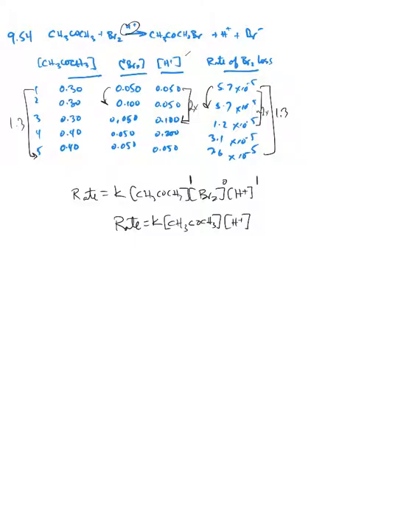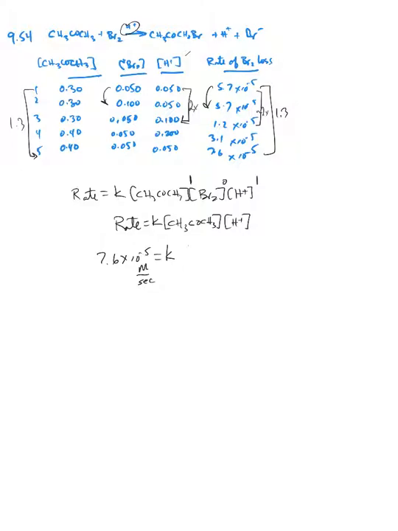Often they ask us to find the rate constant, and it doesn't matter what experiment you choose. If I pick, let's say, experiment 5, 7.6 times 10 to the minus 5 units. Units of rate are always molarity per time. In this case, I think somewhere it said seconds. I'm going to guess that it's seconds, molarity per second.